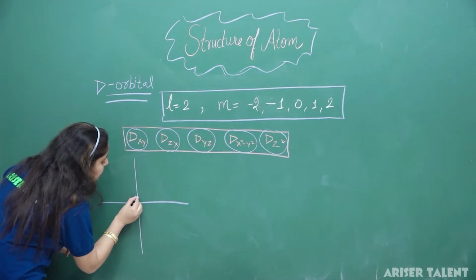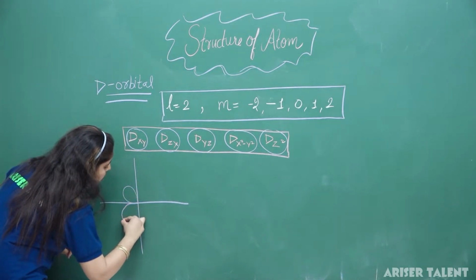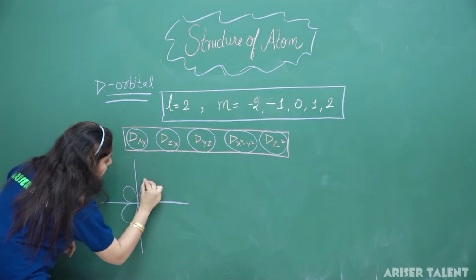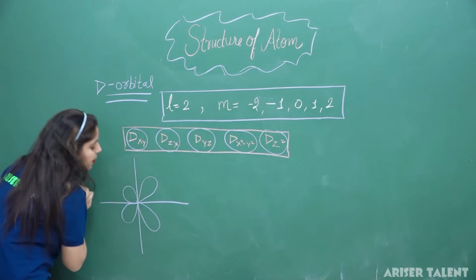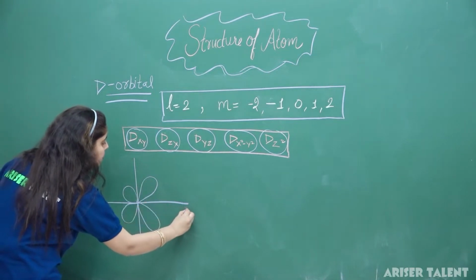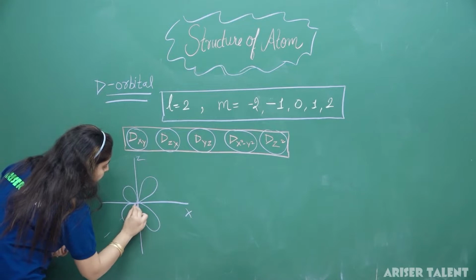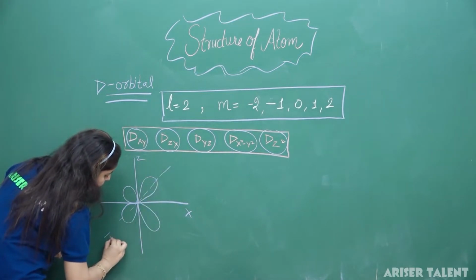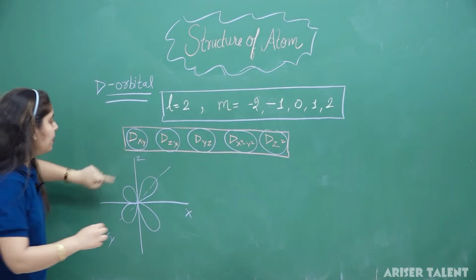We will get a single lobe here, one lobe here, and two lobes here. Again we have the x-axis, z-axis, and in between we will get the y-axis. So this will be the diagram for dxy.